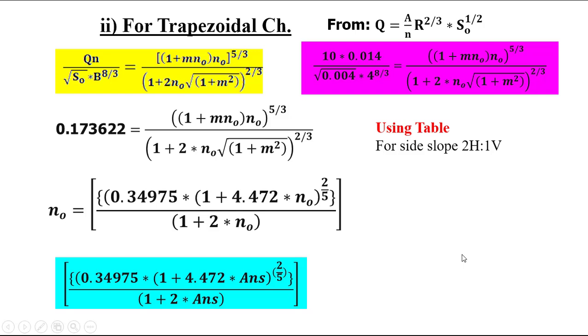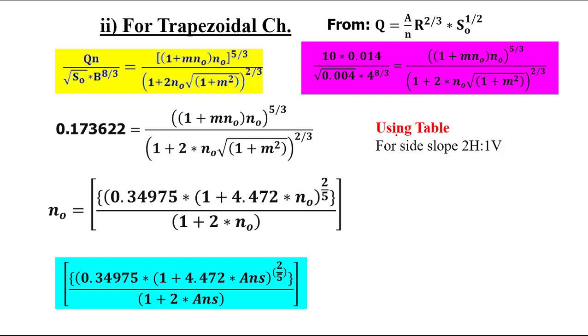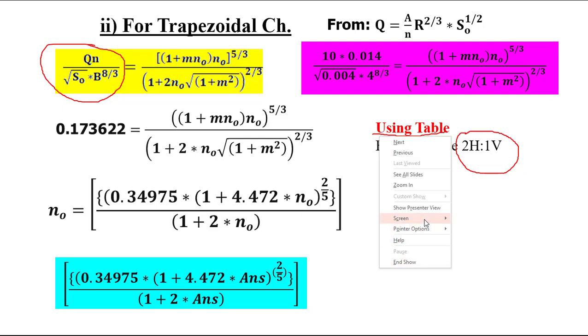Okay, you can use the table method. You have a side slope of 2 horizontal, 1 vertical. So this can be taken from Qn over root S naught b to the power of 8 over 3. You can read from the table.